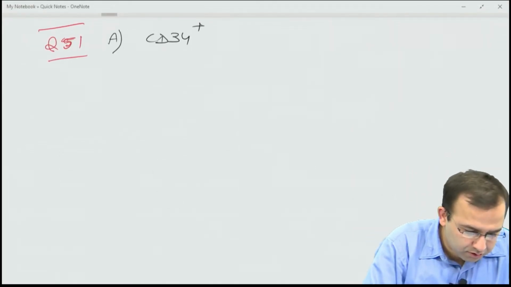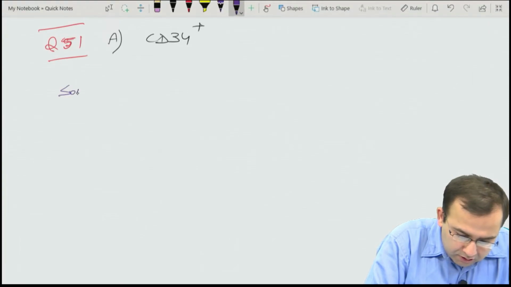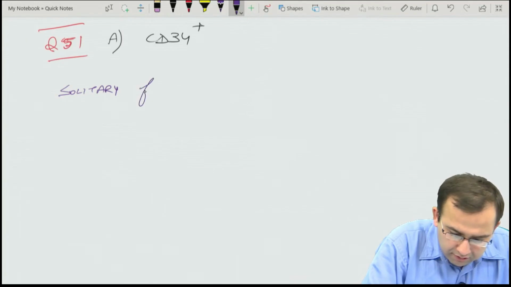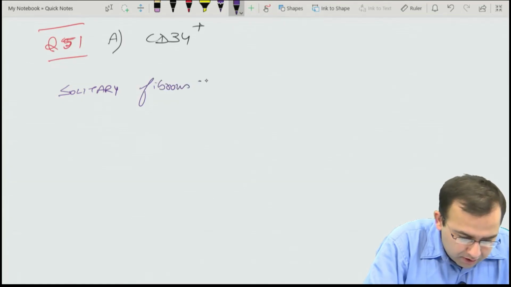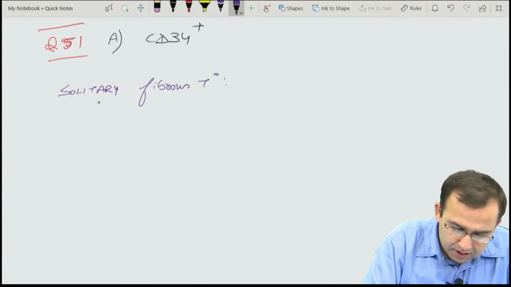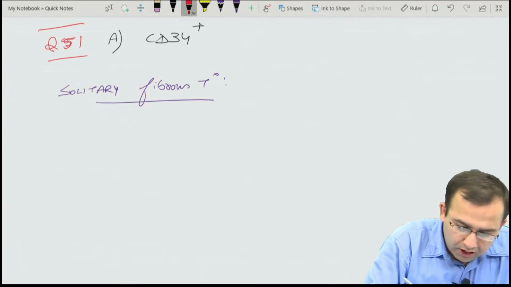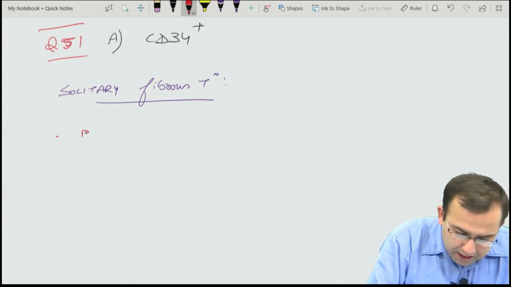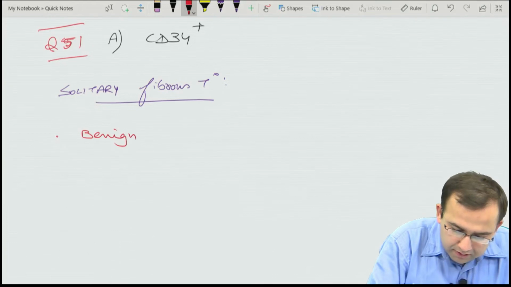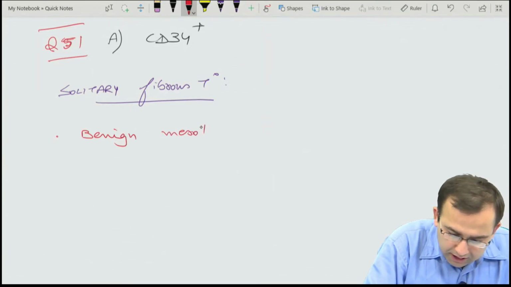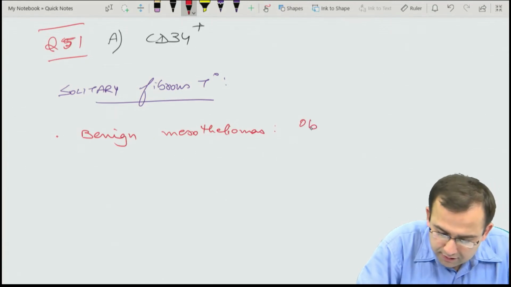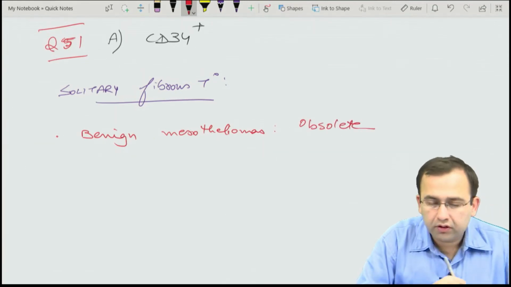Next, let us have a slightly more detailed look at solitary fibrous tumors. These were earlier called benign mesotheliomas, but this term is obsolete now, that is, it is not used.